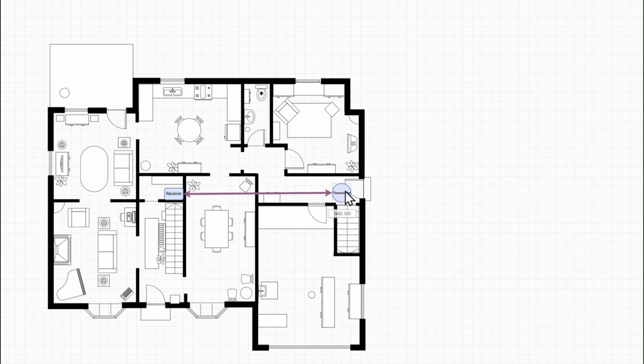However, if the thermostat was located in the hallway, I'm just going to move this to emphasize the problem. You can see now the signal is traveling through this wall, and then it's traversing along this wall. So effectively what we've done is created a wall which is potentially 5 meters thick, which is going to be a real struggle for the thermostat if it's even possible at all. It would probably just not work.